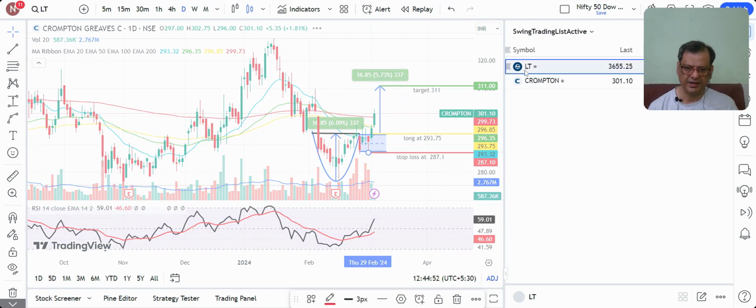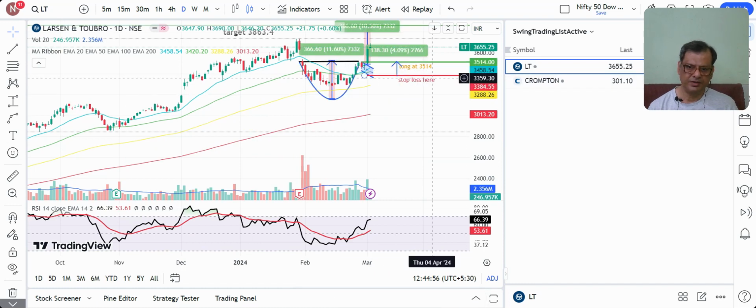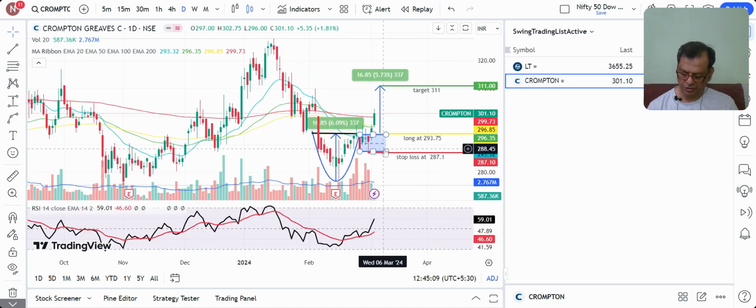We saw in LT here that the handle was pointing downwards. But in Crompton we have a handle which is just like a regular proper handle, a straight handle. So these are the two types of handles you have.